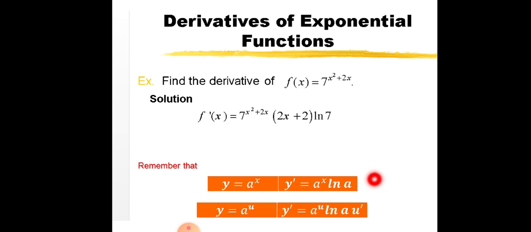And for a power u, a power function, the derivative equals a power u ln a times u prime. So you can apply this rule. For 7 to the power x squared plus 2x, its derivative is 7 to the power x squared plus 2x times the derivative of the power, the derivative of x squared is 2x, the derivative of 2x is 2, times ln 7 according to this rule.